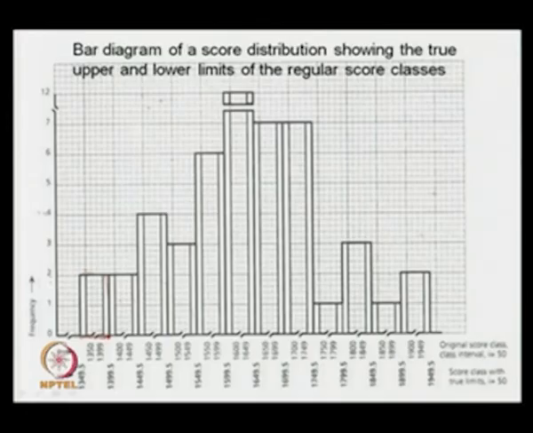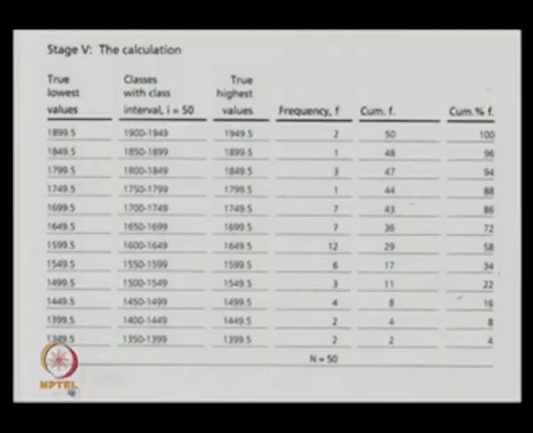After this, the main calculation part comes. The calculation is that we have to see here a little. These were the original group classes we mentioned.